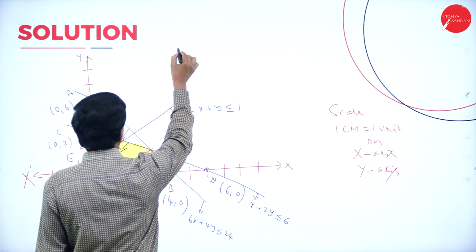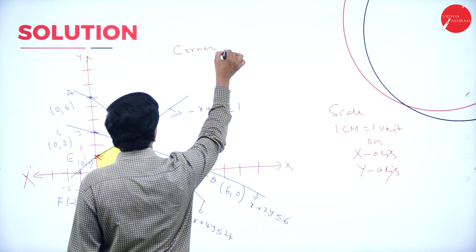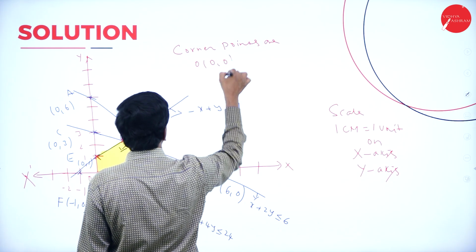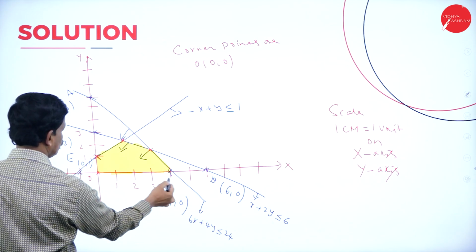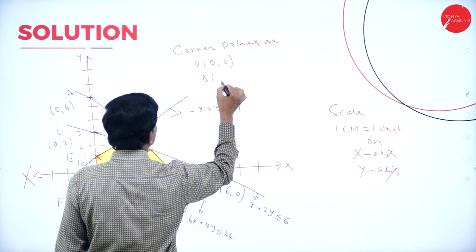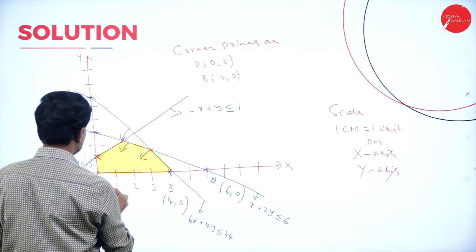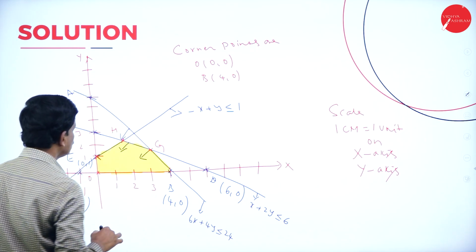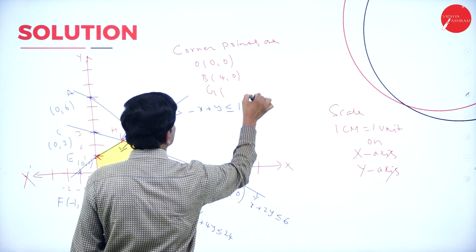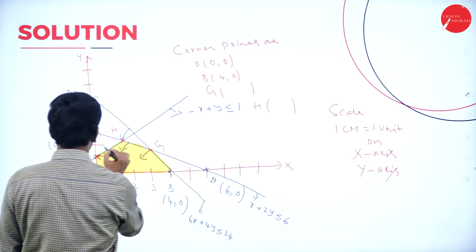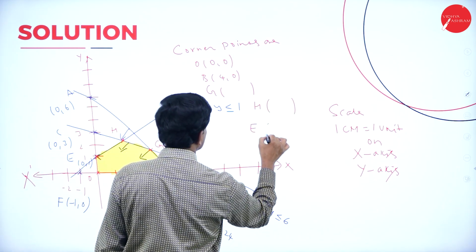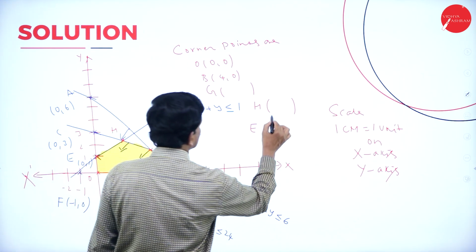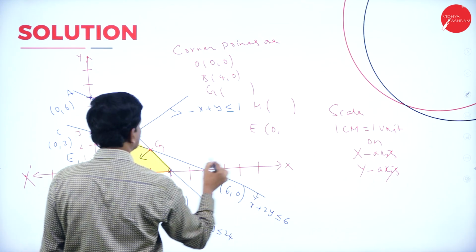Therefore the corner points are O 0, 0, then B 4, 0, then let us represent these as G and H, and the last point is E, 0, 1.